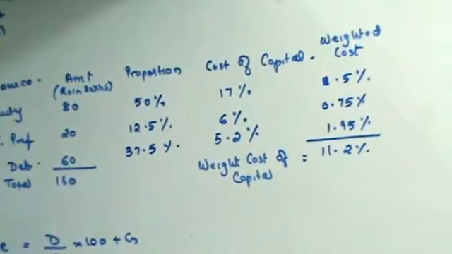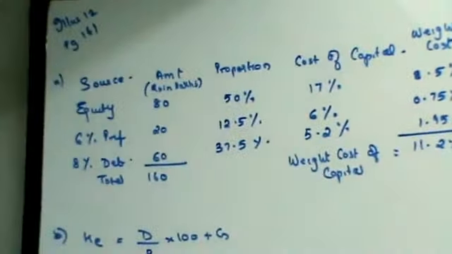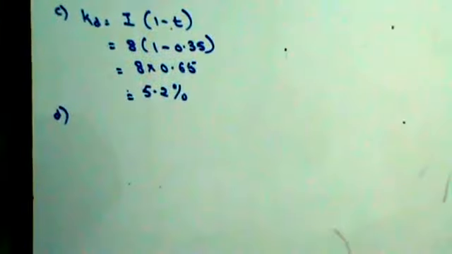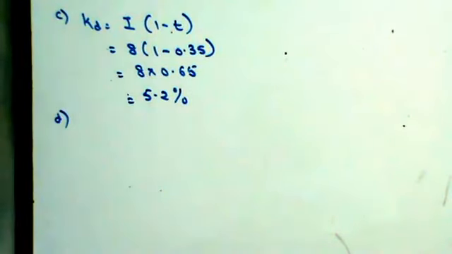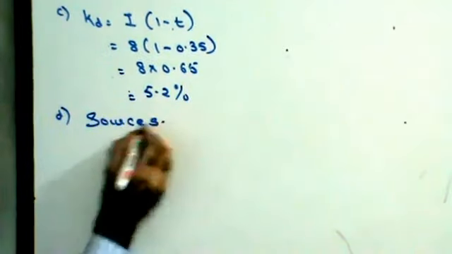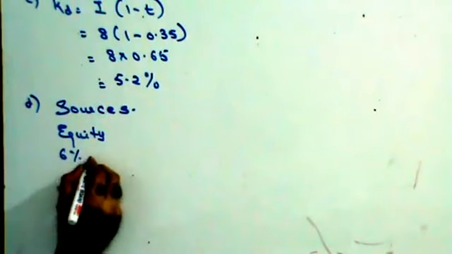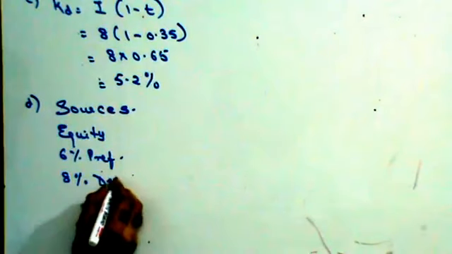Now let's see the second part of the sum. They've said that compute the new weighted average cost of capital if the company raises an additional 40 lakh debt by issuing 10% debentures. That means my sources are going to be equity, which was already there, 6% preference share, which is again there, 8% debentures.